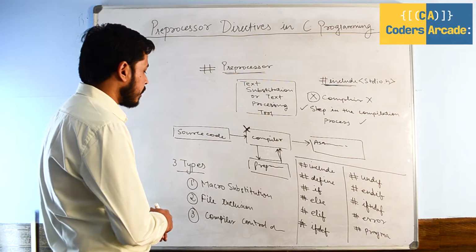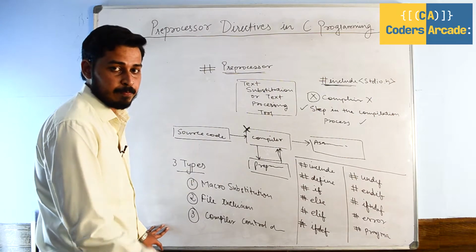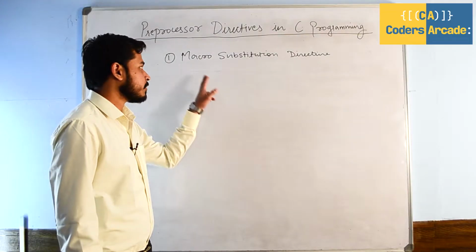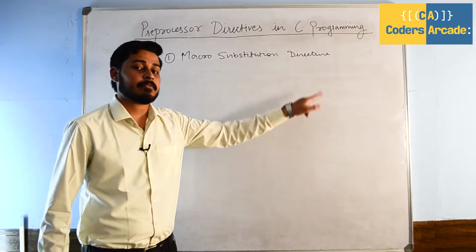Now let us discuss these three types of preprocessor directive one by one. So let us talk about the first type of preprocessor directive, which is the macro substitution directive.